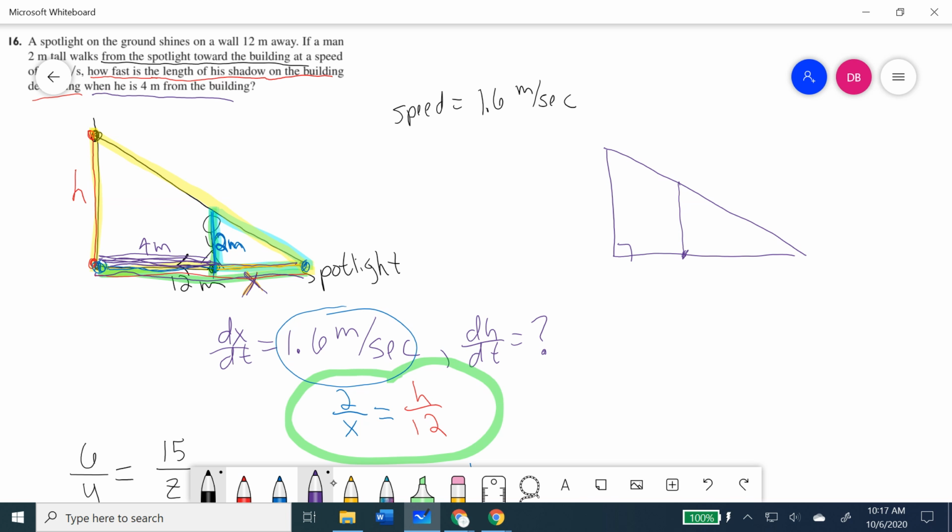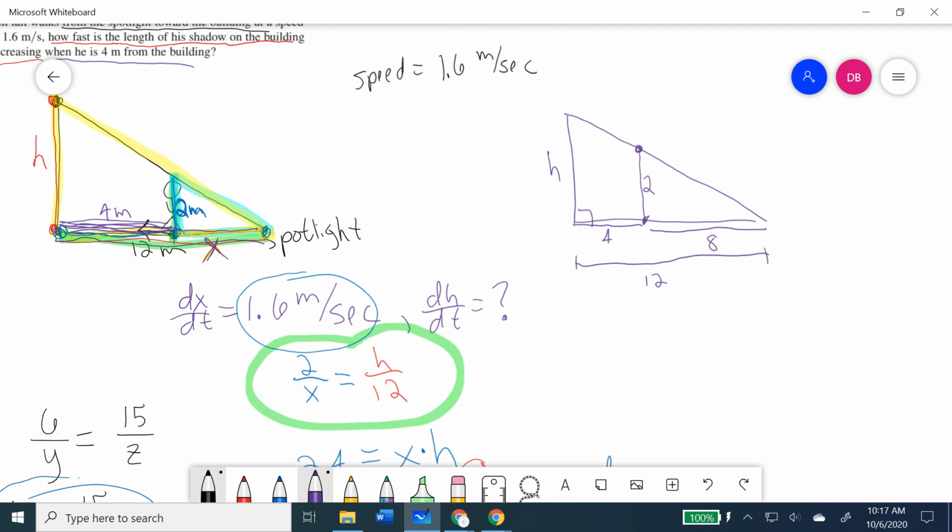At this point, my known values with the given are that this is 2 meters, this is 4 meters, this is 8 meters, for a total of 12 meters. And I'm trying to find h. So sometimes when you've got a picture, just setting it aside and redrawing, putting in all the information, then just step back and look at it. Do you see that we can find h using the ratios again?